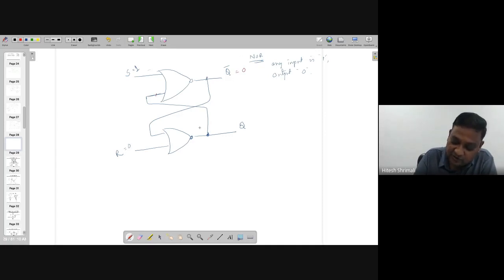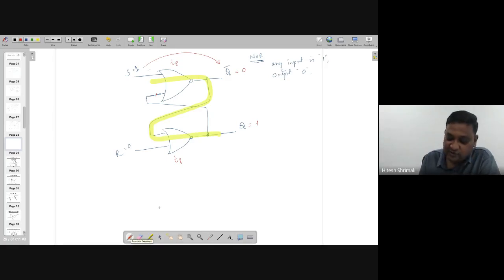This will become 0, and to get this 0, you need the propagation delay TP of this SR latch. With the same propagation delay here, this Q becomes 1 after 2 propagation delays, because two propagations are required going from one point to another, right?